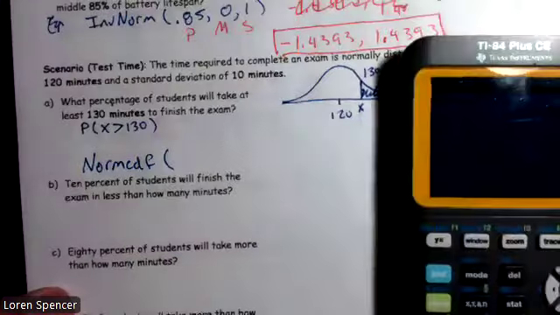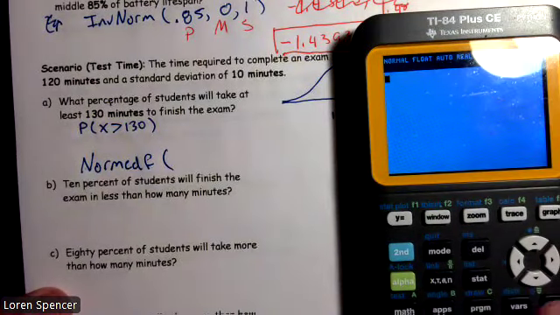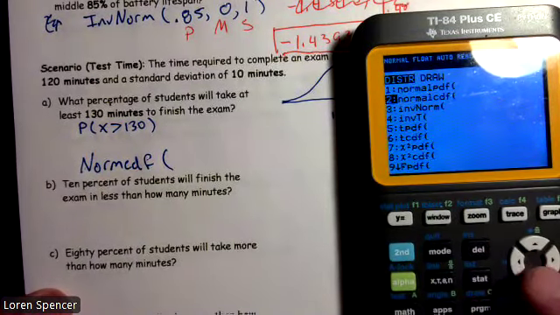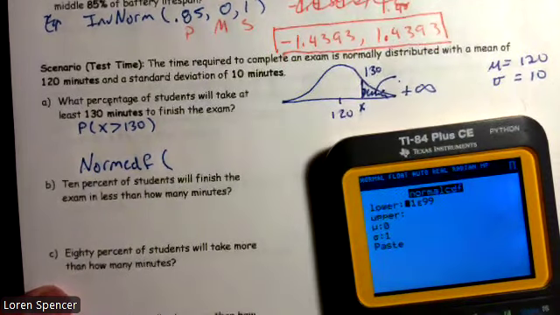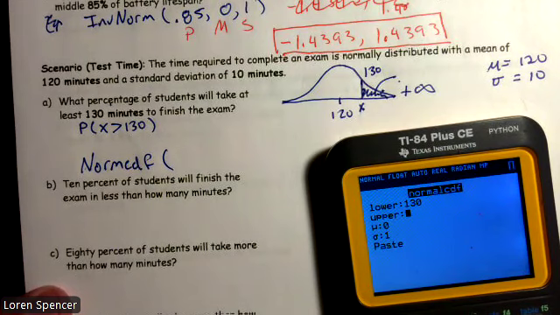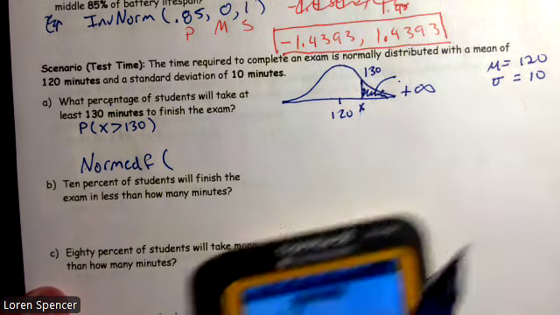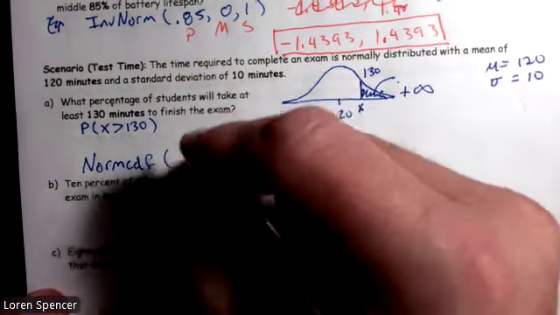And let's go see what the calculator asked for so that we know the information. Second vars, norm CDF, and our lower bound, well, lowest part of our shading was 130. The upper part of our shading was 9 raised to the 99th. And we have a mean of 120 and a standard deviation of 10. So we'll plug that in. I'm going to write that stuff down the way I'm supposed to.